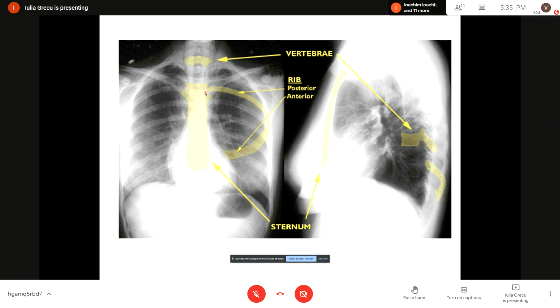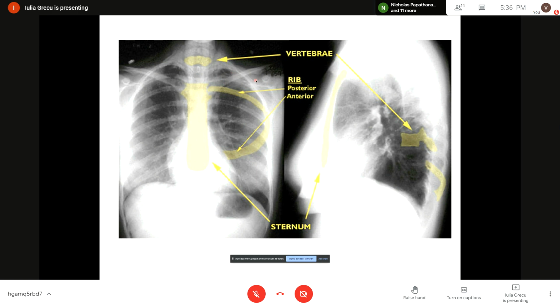As I pointed out earlier, on the superior part of the thoracic cavity we can find the clavicles with the medial heads that we have to make sure are symmetrically positioned from the spinous processes.